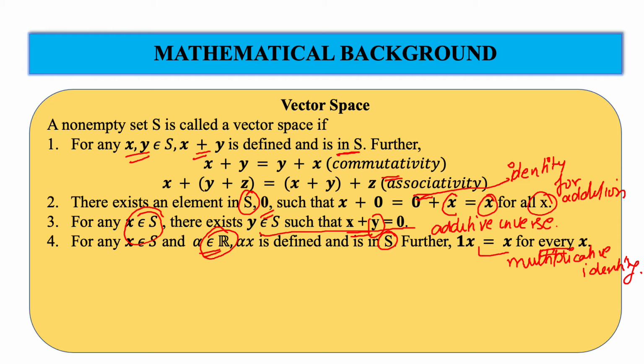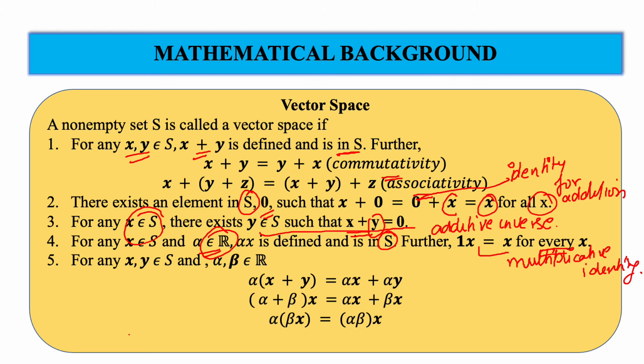Now further, for any x and y in the set S and alpha and beta from the field of real numbers, if you find x plus y and multiply by alpha, it is the same as finding alpha x plus alpha y. So multiplication distributes over addition.